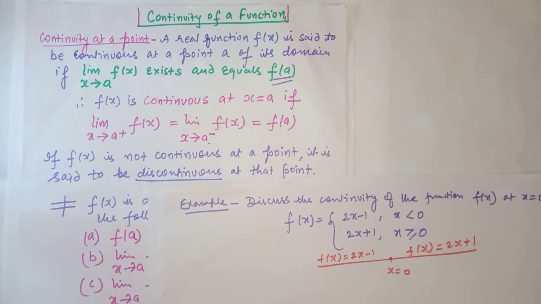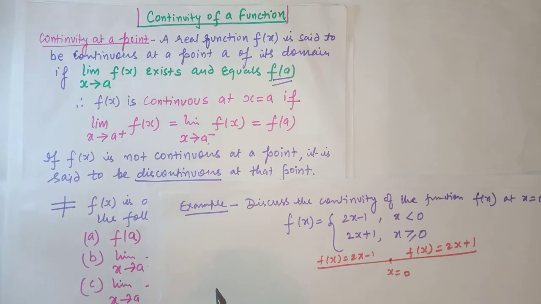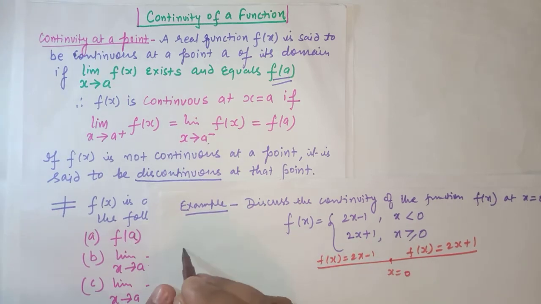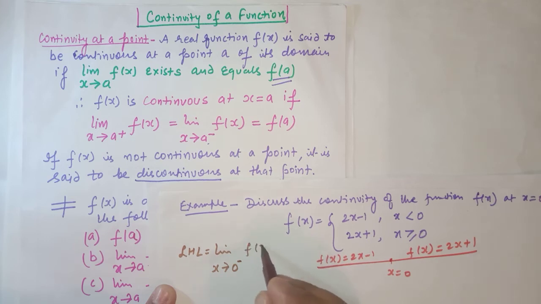So now what we will do, we'll find the left hand limit and the right hand limit. So the left hand limit is the limit as x tends to 0 minus of f(x). Now we'll put x equal to 0 minus h. Clear?